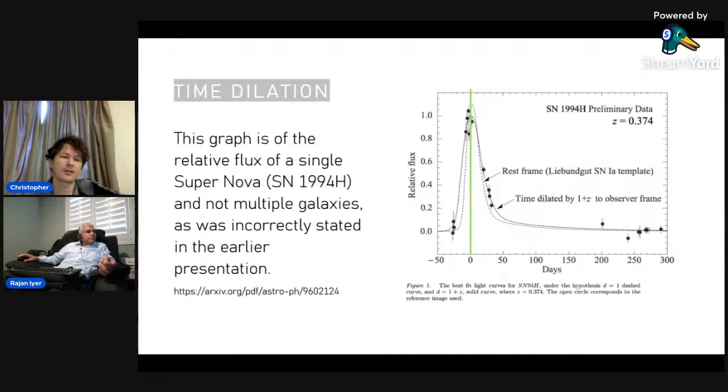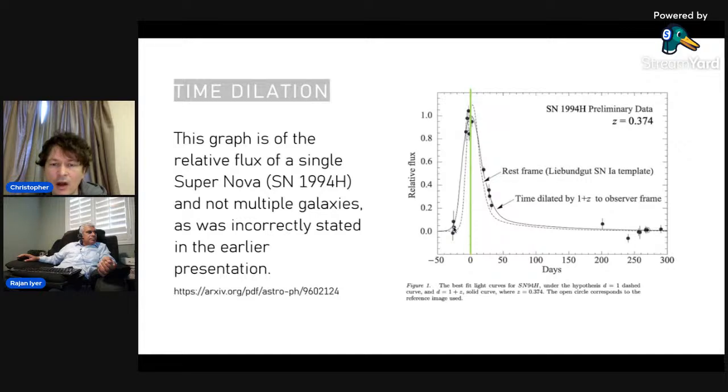Continuing on, this is to do with time dilation as well, but also more to do with where the boundary of the hypersphere is located in the tangent space. Previously, I used this graph, which I had misread, and I thought this was looking at multiple examples of supernovae spread out across space, and that this was the time dilation, with minus 50 days and plus 300 days.